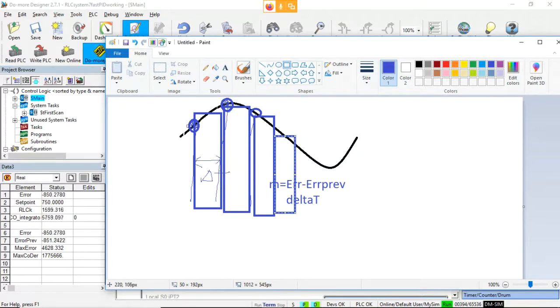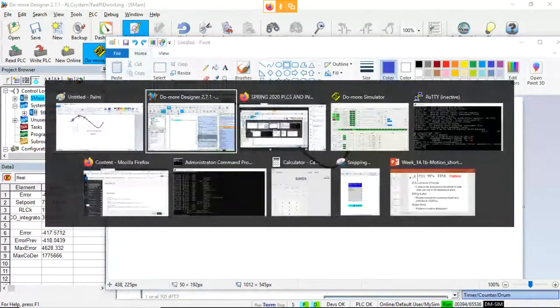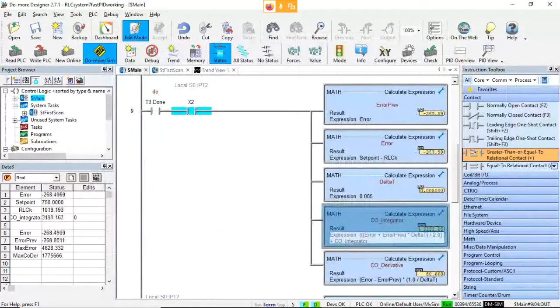Each time we go through, we're adding these areas up, adding them all together. So that's why I've got plus CO under integrator. The integrator value, CO underscore integrator, is equal to the integrator plus the new area, that new trapezoid piece.